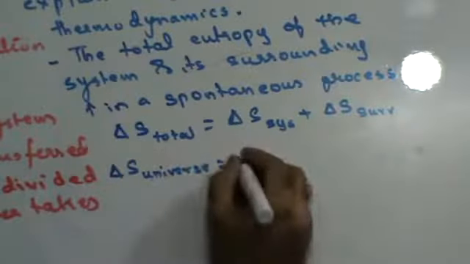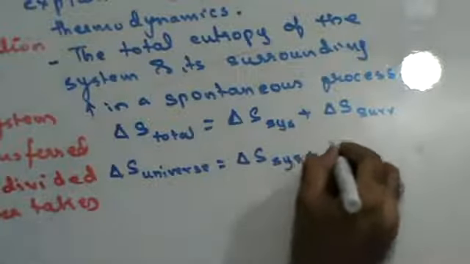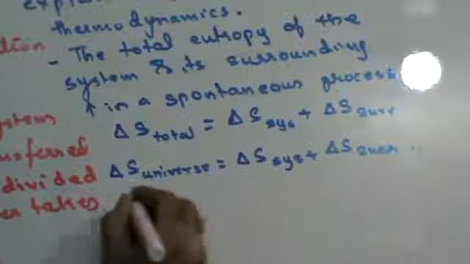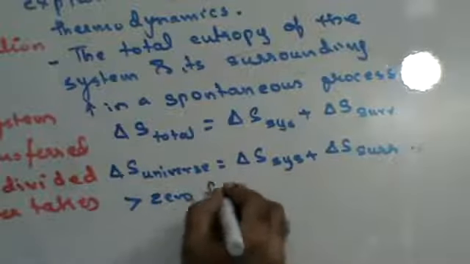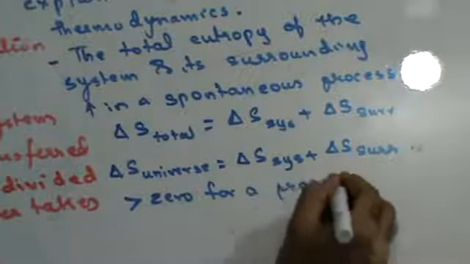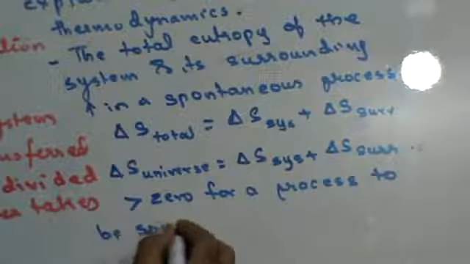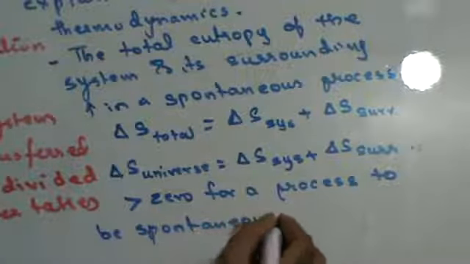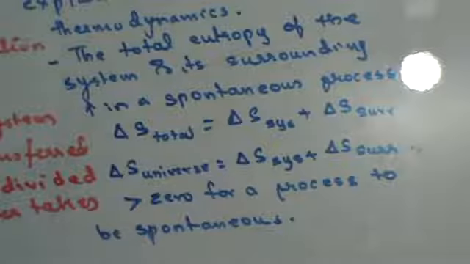So the total entropy change of the universe is equal to the entropy of the system plus the entropy of the surrounding, which has to be greater than 0 for a process to be spontaneous. Right? If a process is going to be spontaneous, the total entropy of the system and the surrounding should be greater than 0.